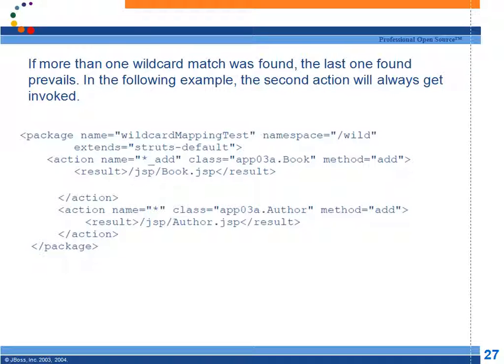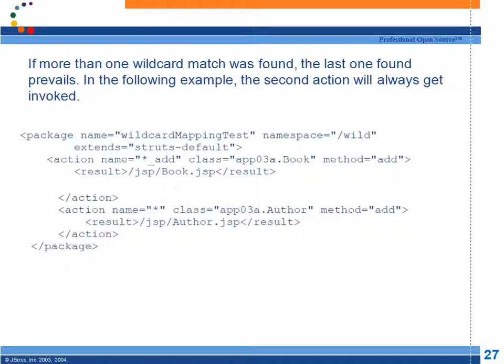There are two actions, star underscore add for book dot add, and star. If more than one wildcard match was found, the last one found prevails. So if I give a request for x underscore add, which will be invoked?